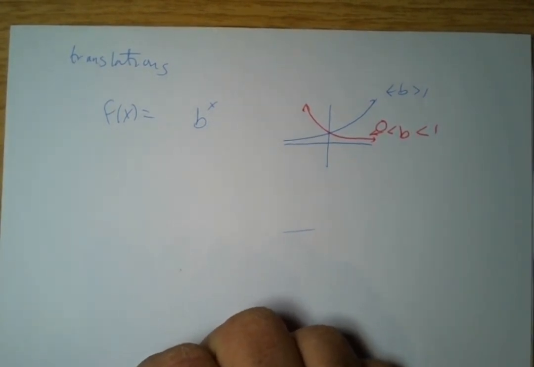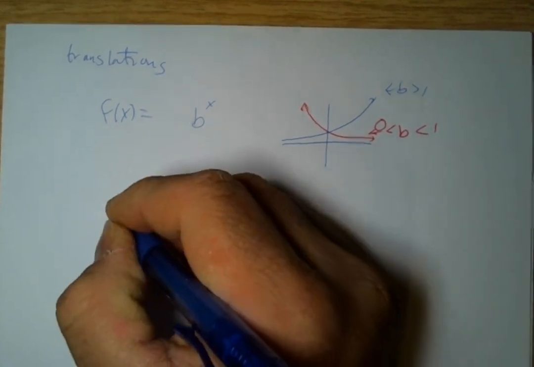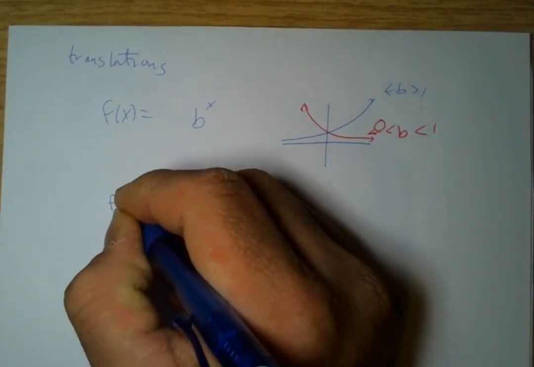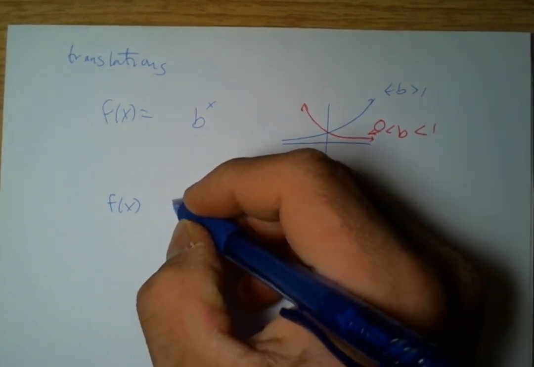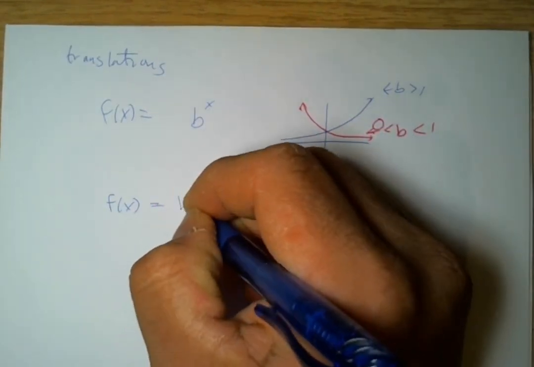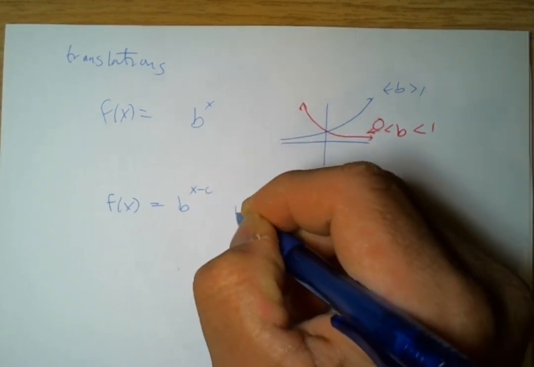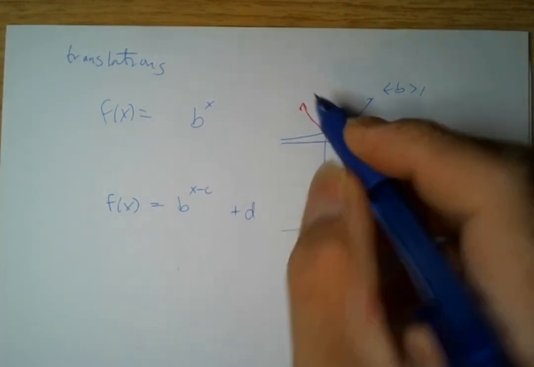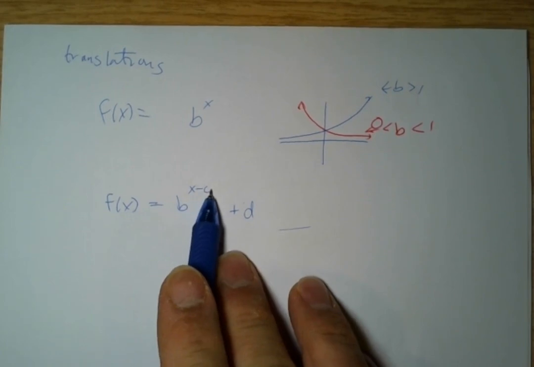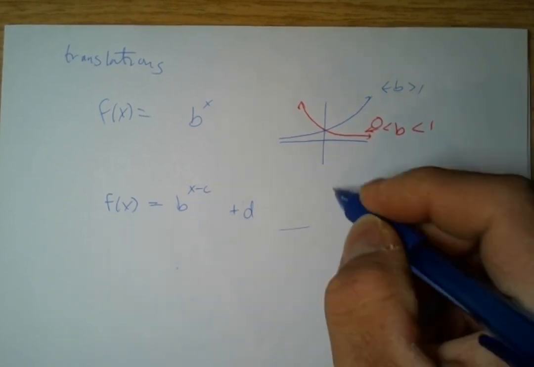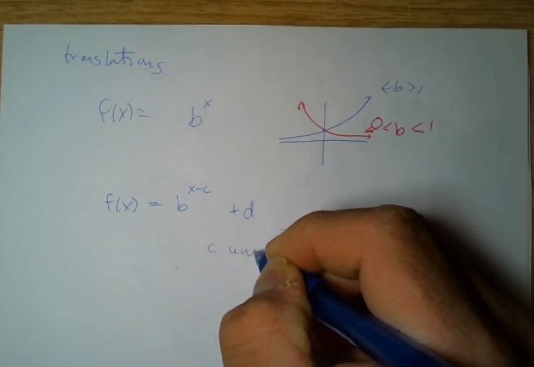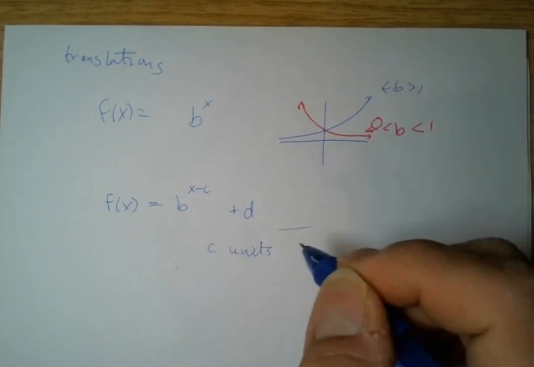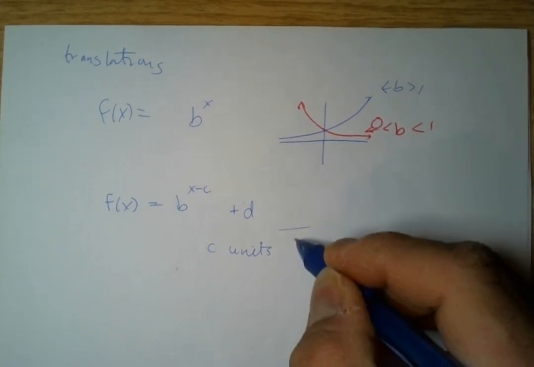So the first we're going to look at is horizontal here. So f of x equals b to the x minus c, plus d. All right, so the exponent is x minus c. So here the shifting of c would be c units horizontally.